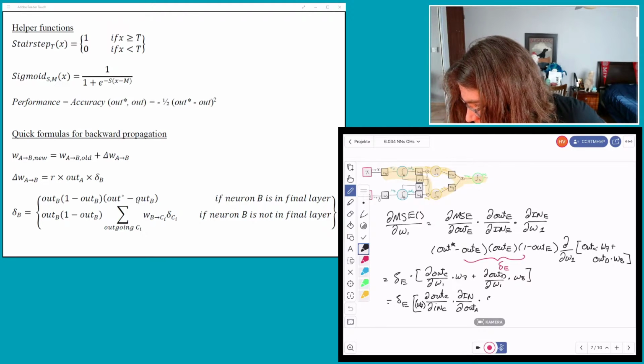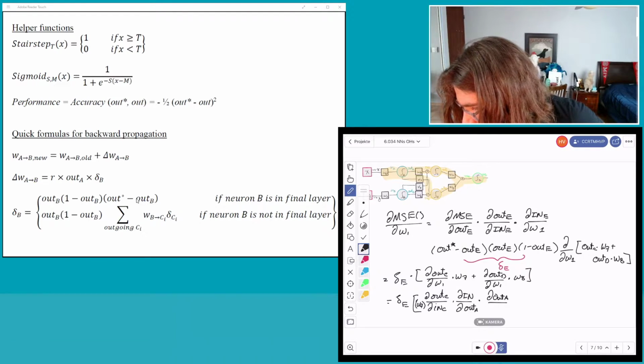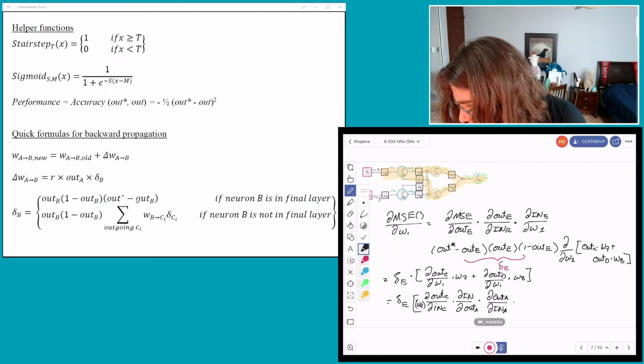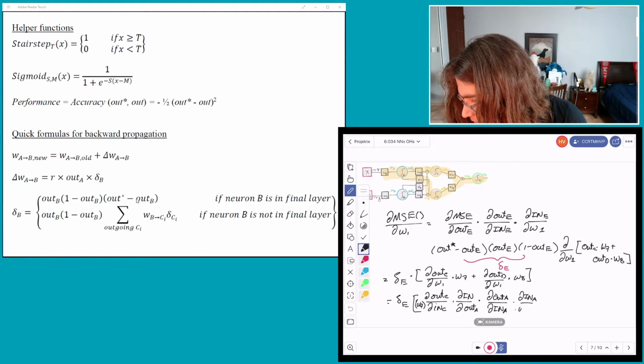Then the partial derivative of out A with respect to the partial derivative of in A, and then the partial derivative of in A with respect to w7.